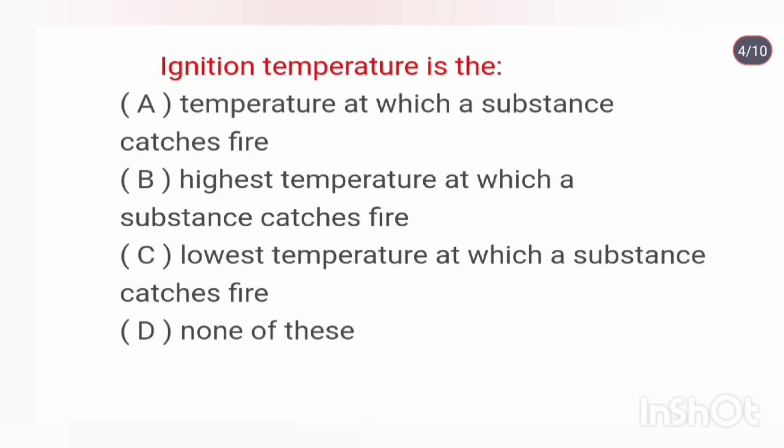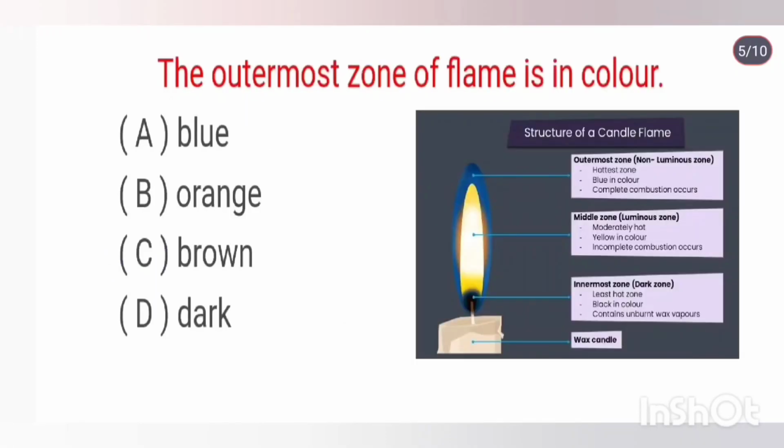Ignition temperature is the lowest temperature at which a substance catches fire. The outermost zone of a flame is in color blue. It is also called non-luminous zone and hottest zone.